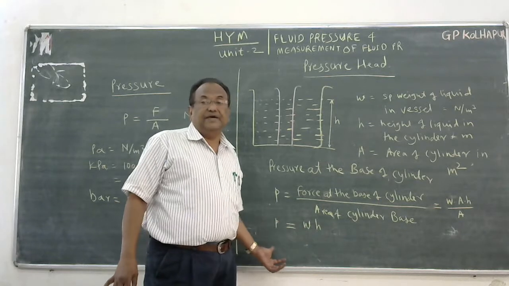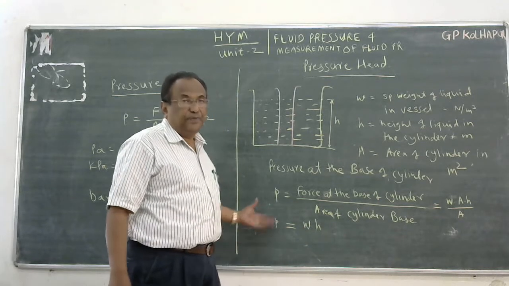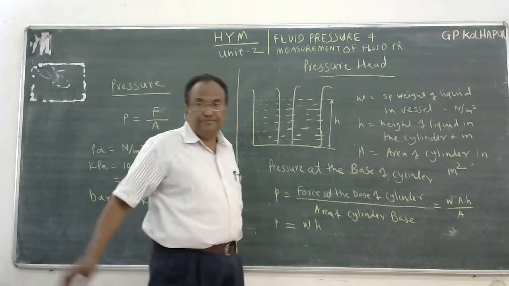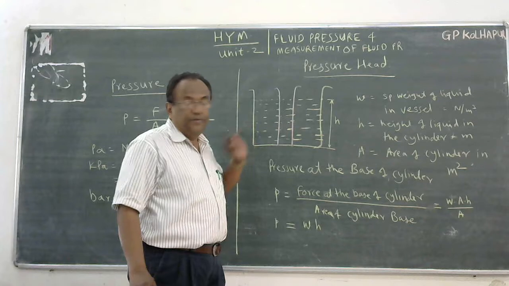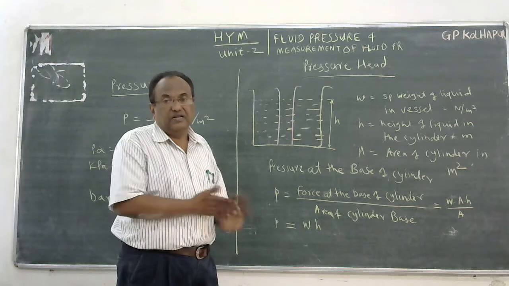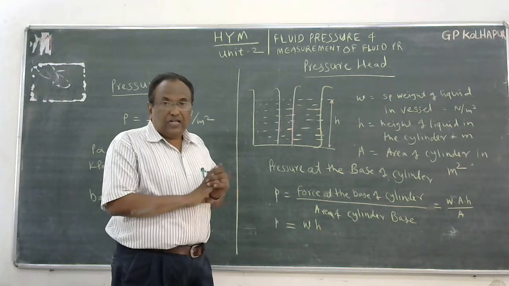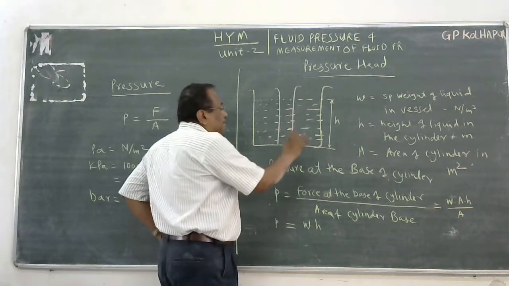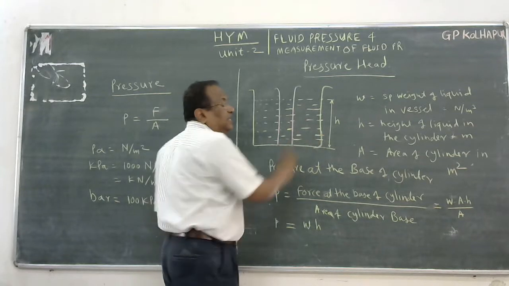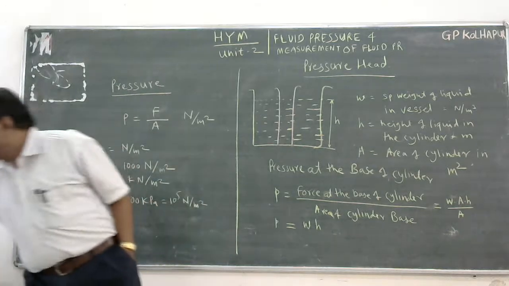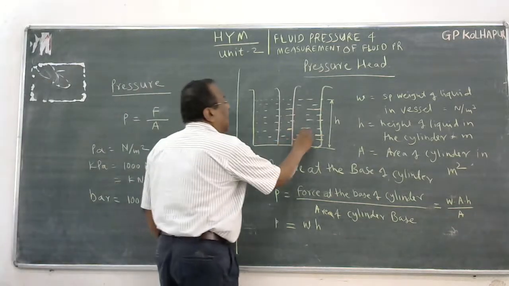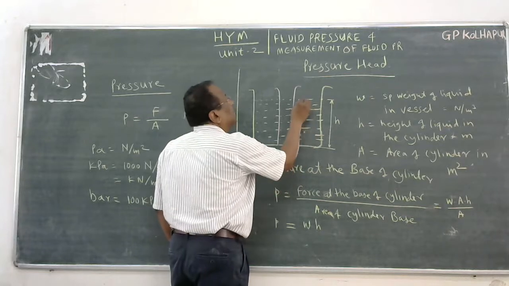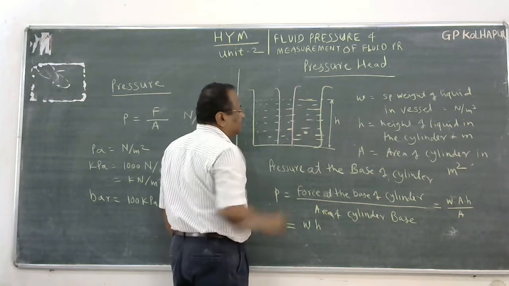W remaining the same, we can express the pressure as meters of liquid, or meters of liquid which is there in the container. Also, it proves that the pressure at any point in the liquid is directly proportional to the height of the free liquid surface above that point.